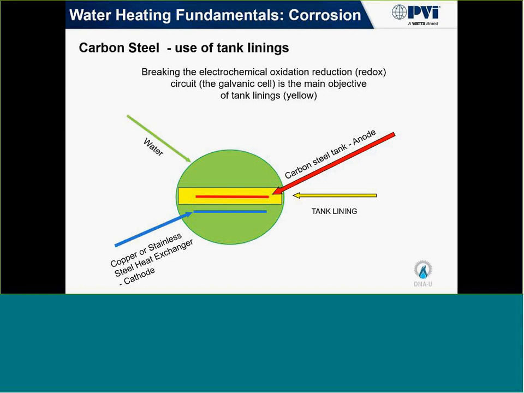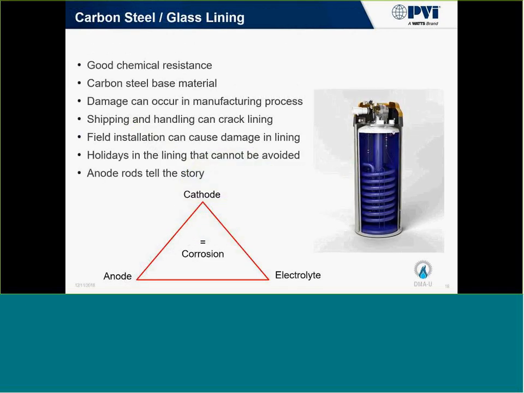There are a few different tank lining materials that are used, and there are different ways that people do it. Your cathode is going to be your other metallic system, your copper piping, your heat exchanger, that type of stuff. Your anode is going to be your carbon steel tank, and your water is going to be your electrolyte, which completes that triangle.